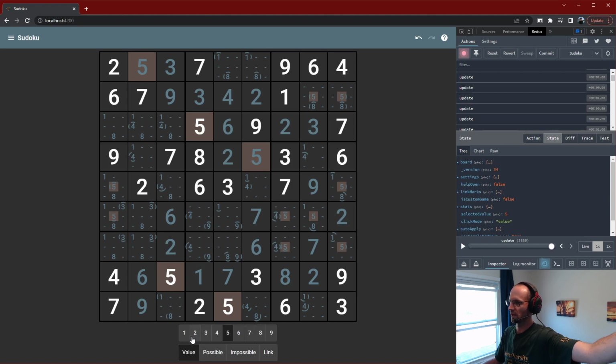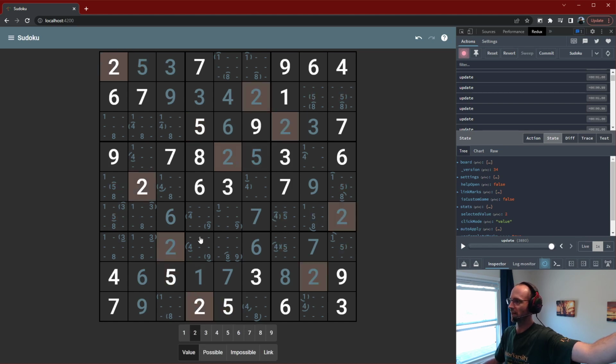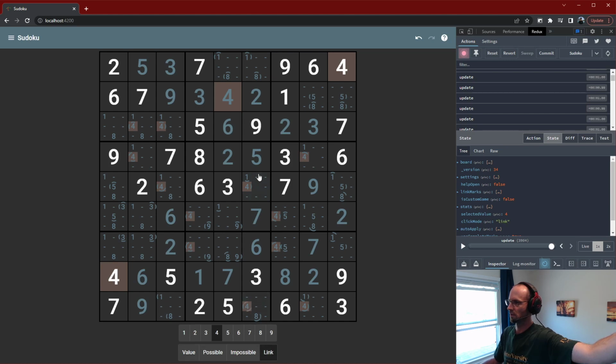We also added some 2s and 4s. Oh, the 2s are done now. That's cool. And the 4s, I got a strong link there already. We don't have one here yet. And we got that one already. Got those all nicely marked out.